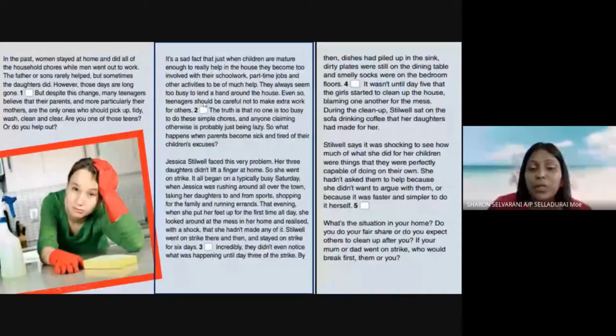Even so, teenagers should be careful not to make extra work for others. The truth is that no one is too busy to do these simple chores, and anyone claiming otherwise is probably just being lazy. So, what happens when parents become sick and tired of their children's excuses?